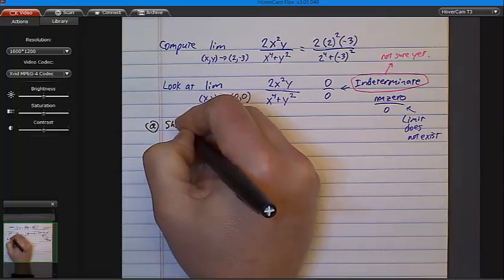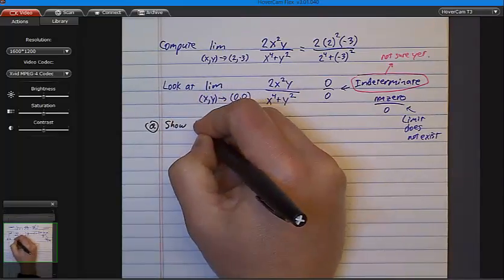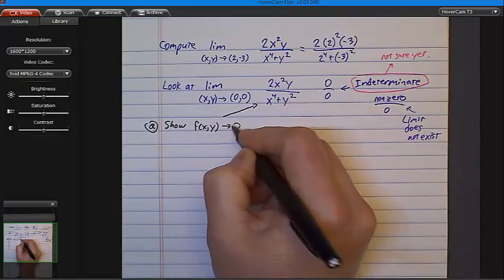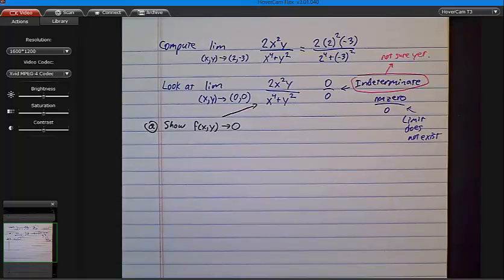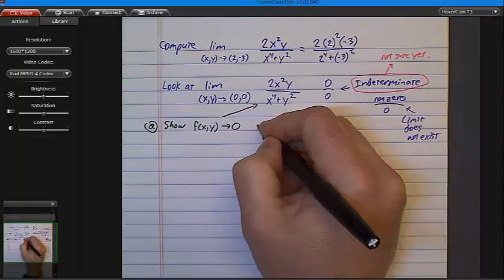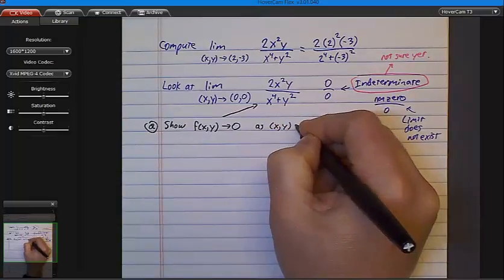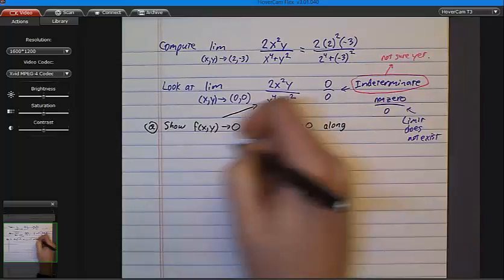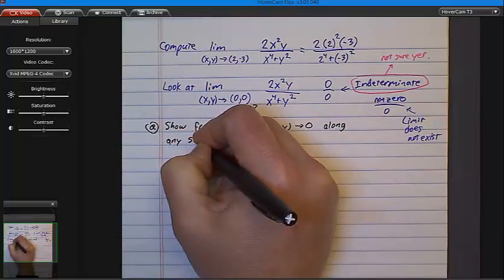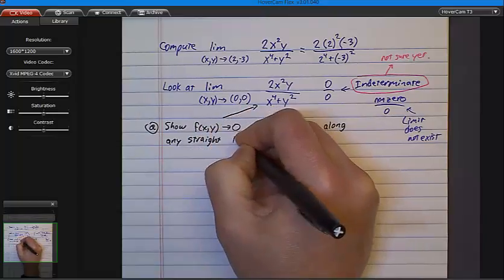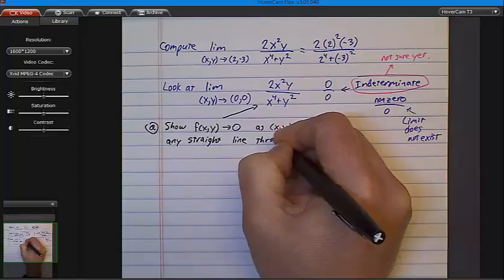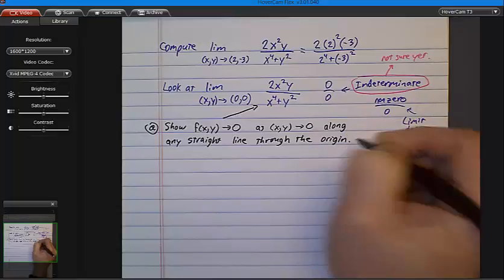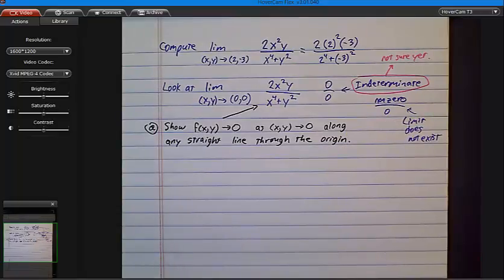I'd like to show that f of x, y, meaning this thing, approaches 0 as x, y approaches 0 along any straight line through the origin. Okay, here I go.